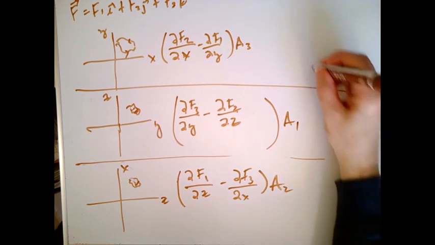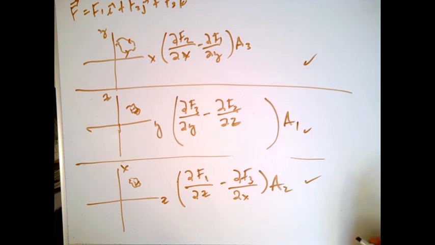So this is what Green's theorem locally says about regions that are actually parallel to the xy plane, or parallel to the yz plane, or parallel to the zx plane.